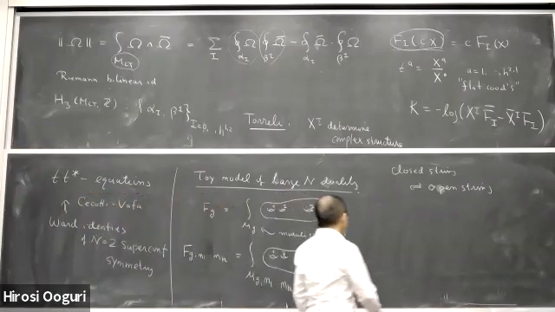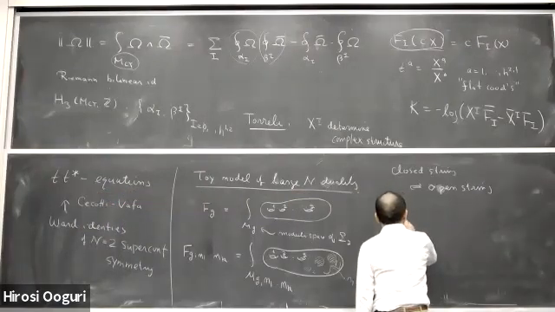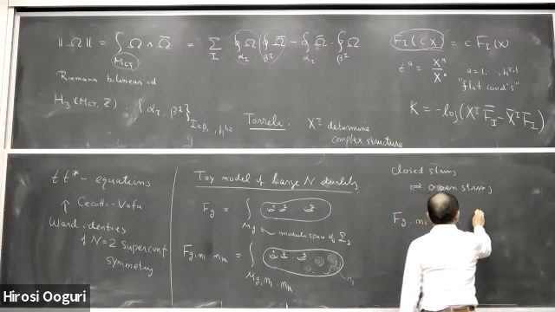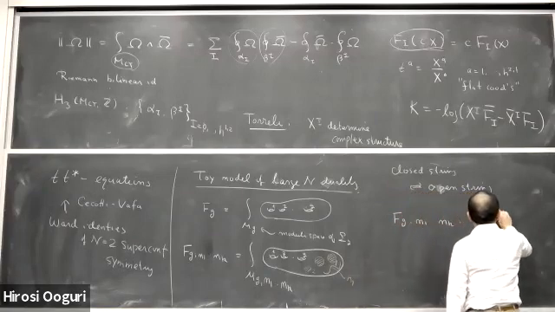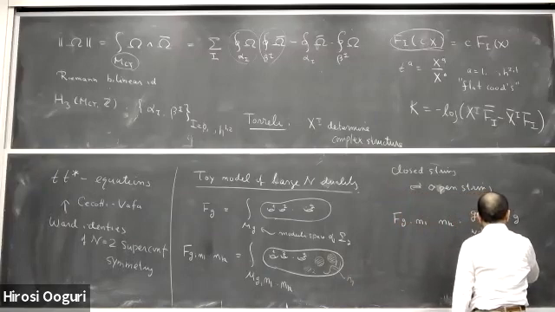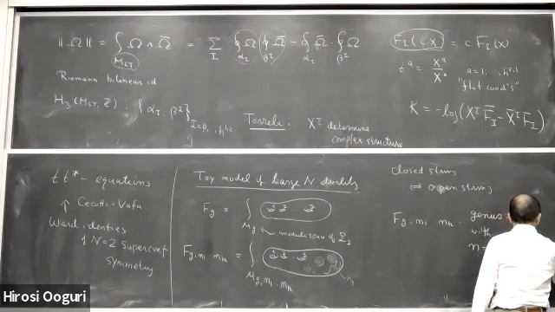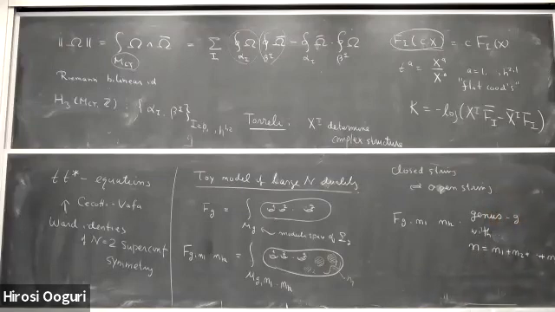So suppose you have such an open string amplitude. So F_g is a genus g amplitude with a total of n boundaries, which is N1 plus N2 all the way to Nk. Okay, so let's consider this kind of amplitude.